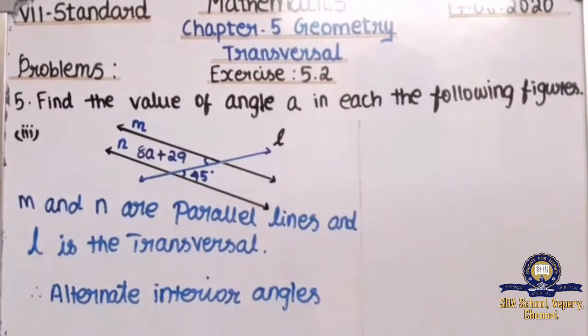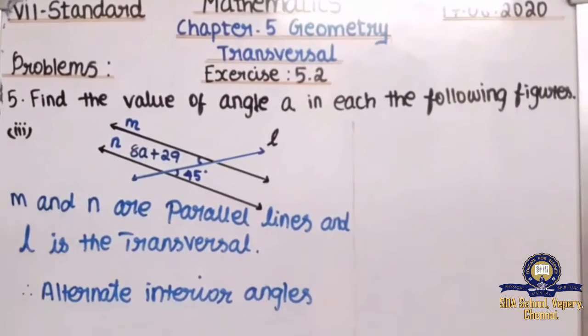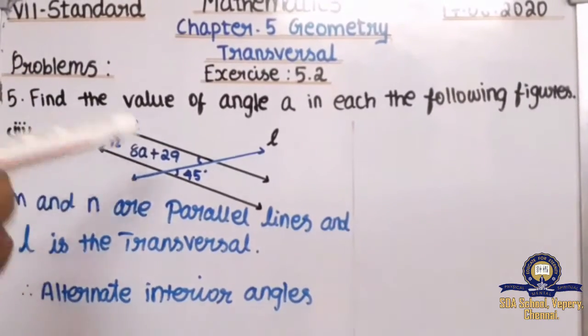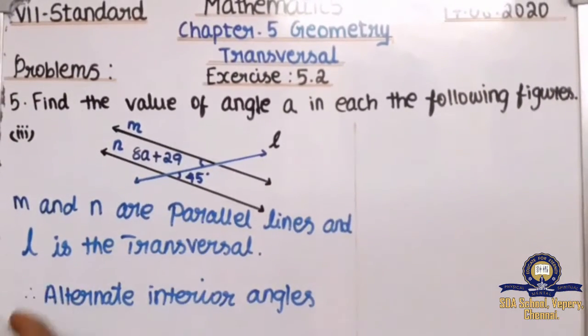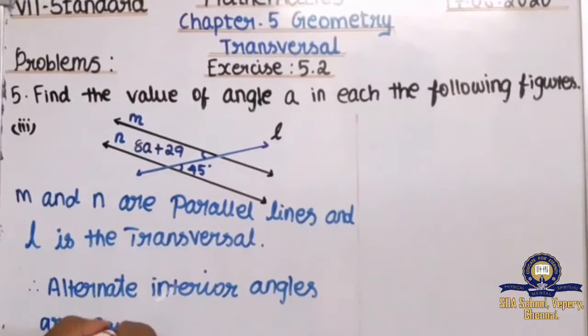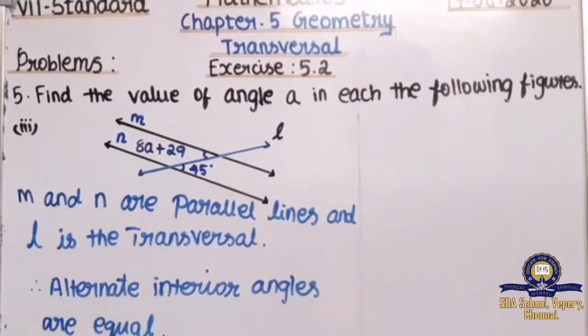From the definition, we can conclude that when two parallel lines are cut by a transversal, each pair of alternate interior angles is equal.